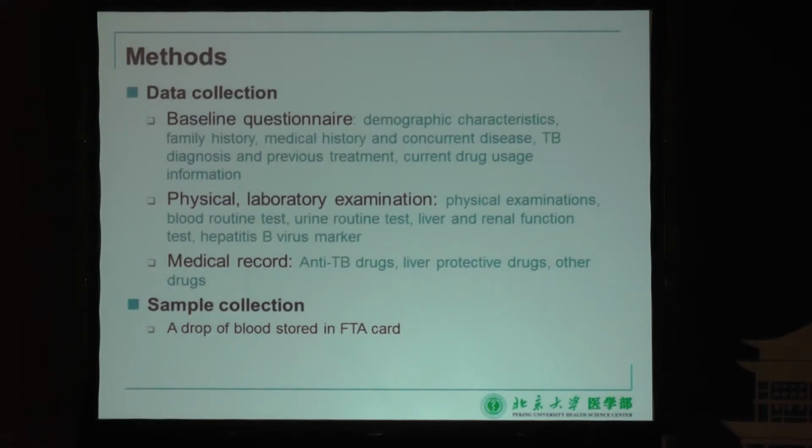The laboratory examinations included blood and urine routine tests, liver and renal function tests, and hepatitis B virus markers. We also reviewed the medical records to find more information about the patients. And also a drop of intravenous blood from the laboratory examination blood sample was taken and saved in the Whatman FTA card for future genetic analysis and DNA banking.